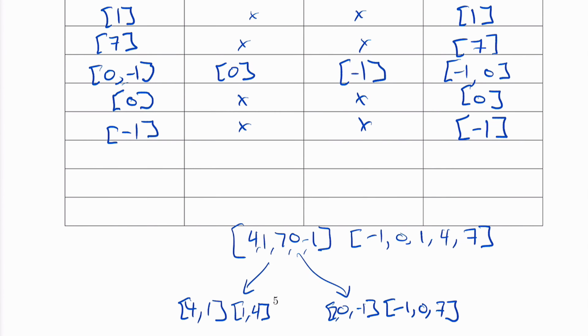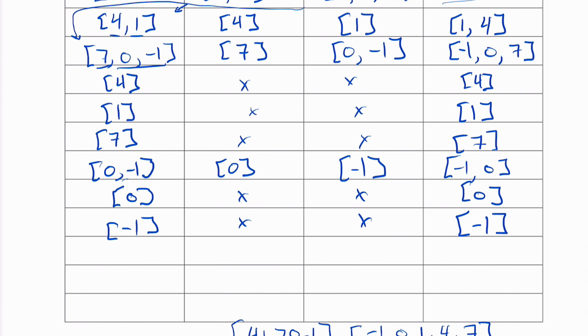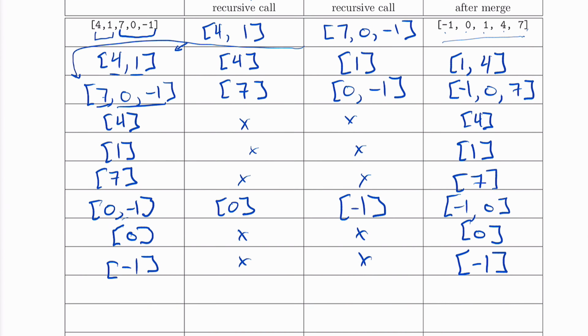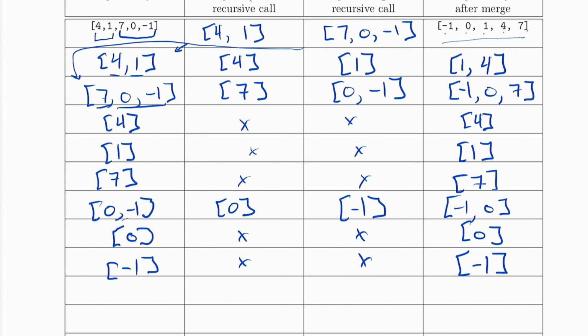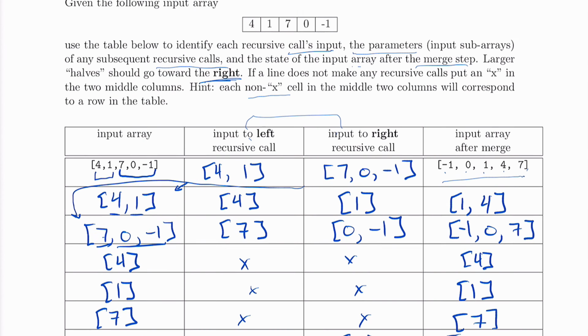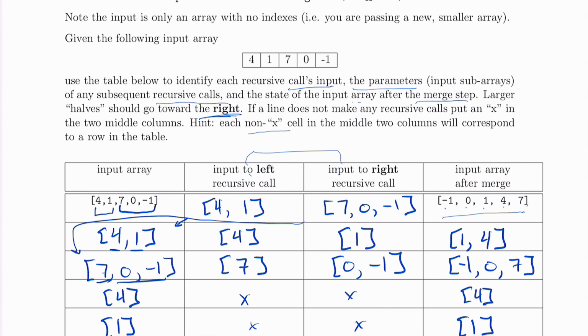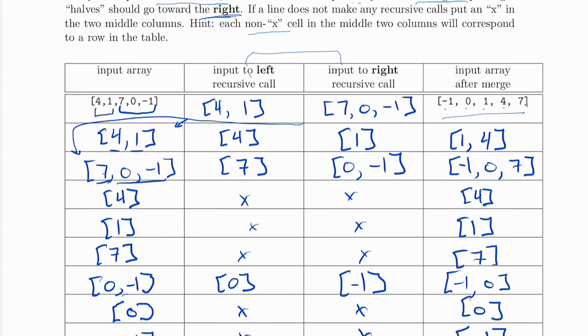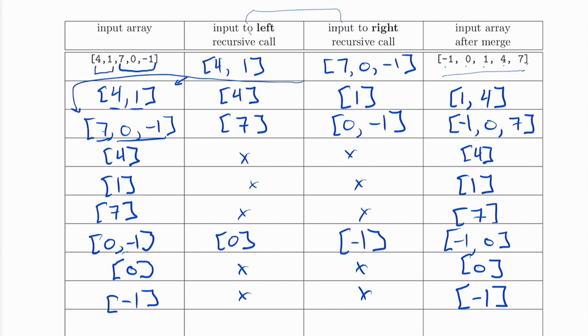So if you had drawn this tree and then copied the information in, that would have been fine. But that's all I was asking, right? Give me the recursive calls. I don't even care how to implement merge sort, right? We never actually talked about the implementation other than the input is only an array. So this is the solution to this problem.